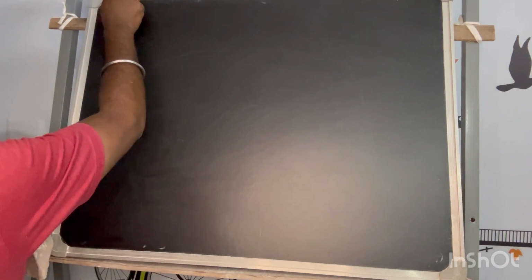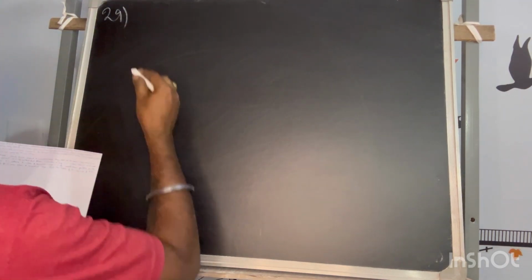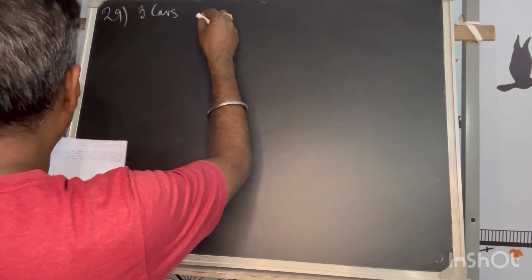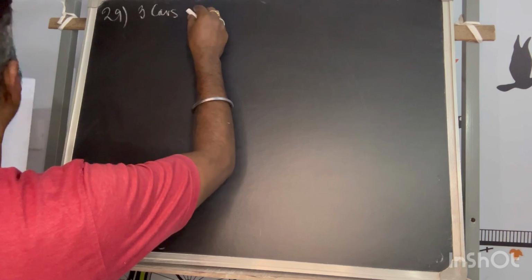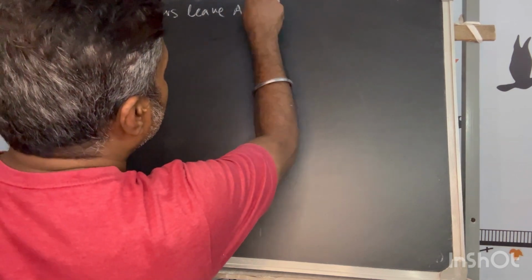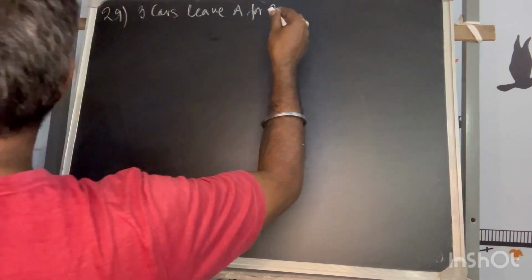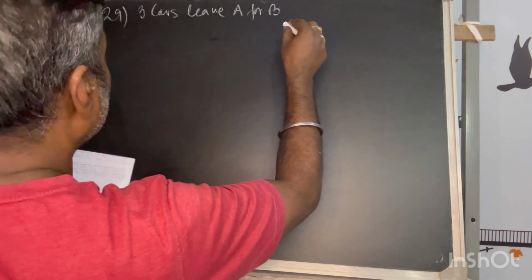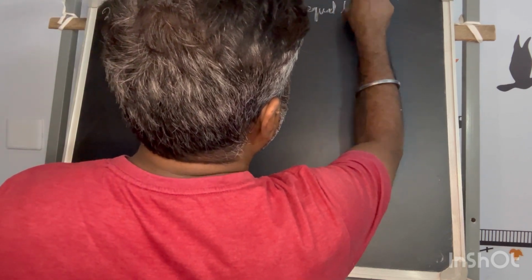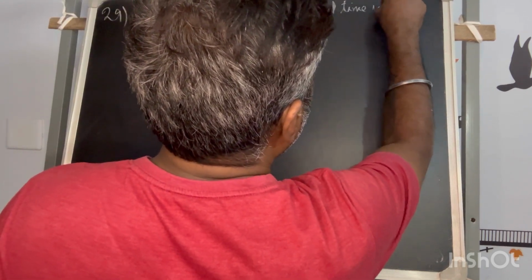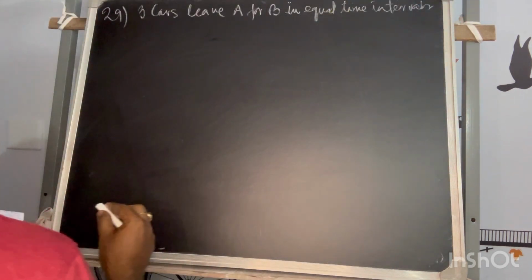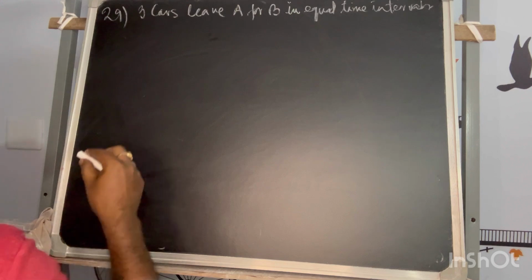So 29 says: three cars leave A for B in equal time intervals.